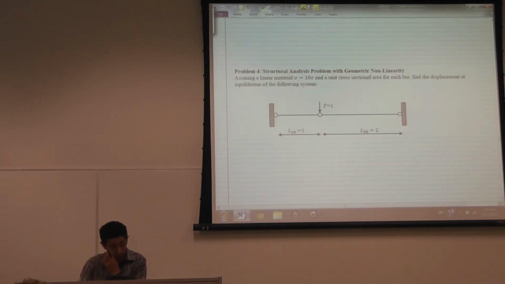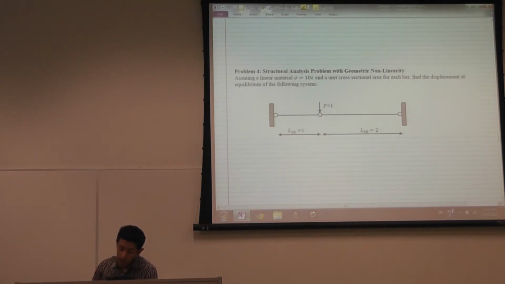For this particular problem, I have 2 bars, 2 links, connected, and under a force F. The bars are linear, so the relationship between the stress and the strain is linear. Using a unit cross-sectional area for each bar, we need to find the displacement at equilibrium of the following system.